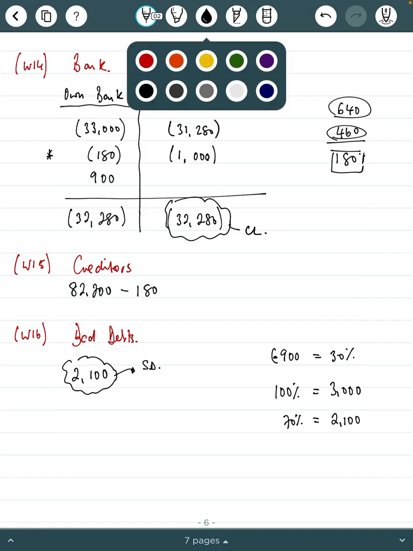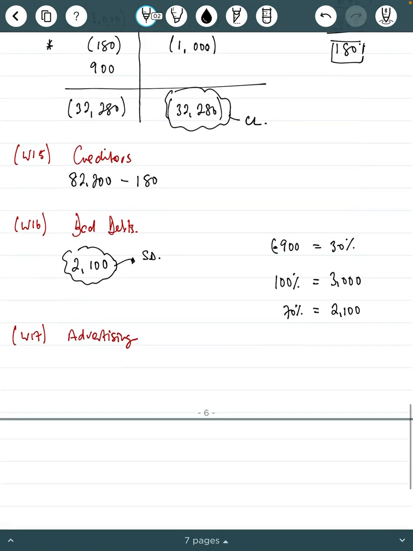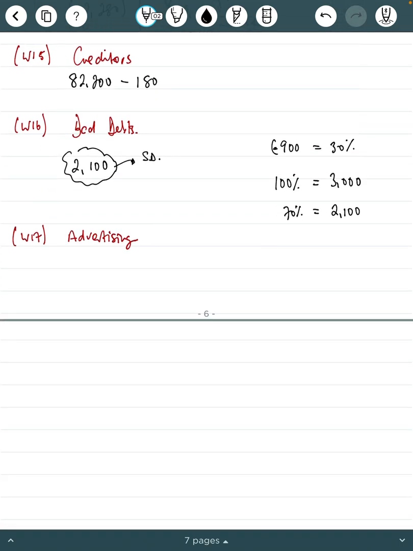Okay, next working I can open up is in regards to advertising. It says here that the advertising payment is for an 18-month campaign which began on the 1st of the 10th, 2011. If you go back up to the trial balance, the second last entry there is 4,800.